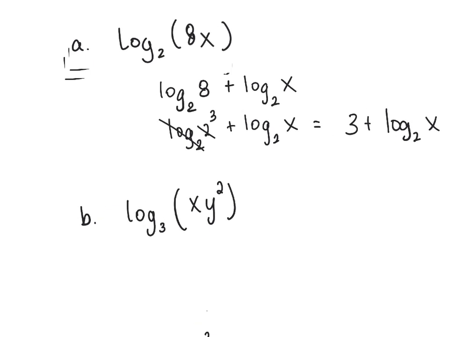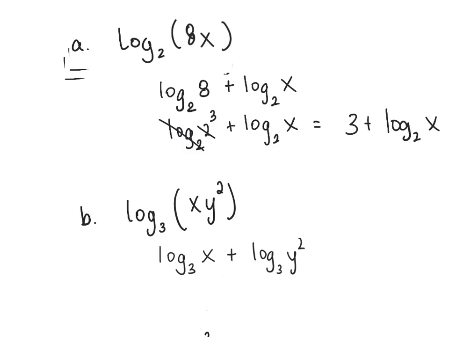Okay, part B. Again, we have a product here, x times y squared. And so the product property is going to apply when we expand this into several logarithms. We're going to use the same base, log base 3 of x plus log base 3 of y squared. Now we don't have any numerical values.